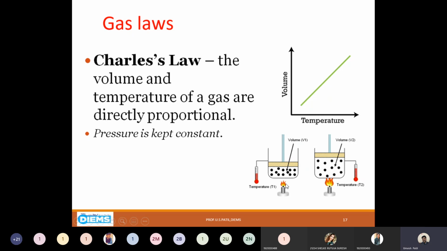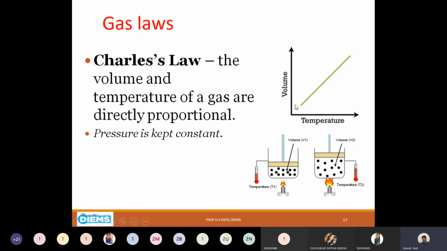As soon as we start to heat the gas, the molecules of gas will expand and exert pressure over this piston, and the piston will move upward. As the temperature of the gas goes on increasing, the volume of gas will also increase. So this is Charles' law: volume is directly proportional to temperature when pressure is kept constant.